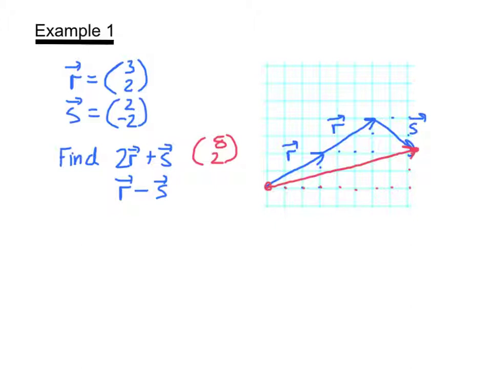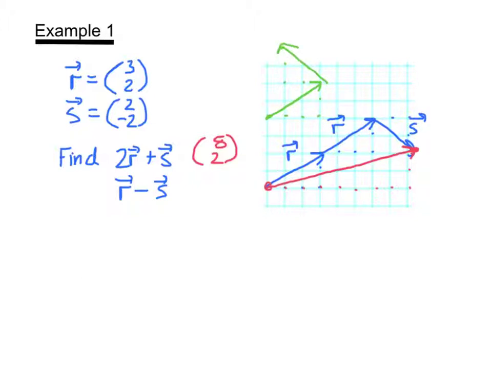Okay, I can do something very similar for vector R minus S, and I'll do that in green here. Again, I can start with vector R, go over 3, up 2. And then minus S is really -1 times S. So I will go -2 and then up 2.